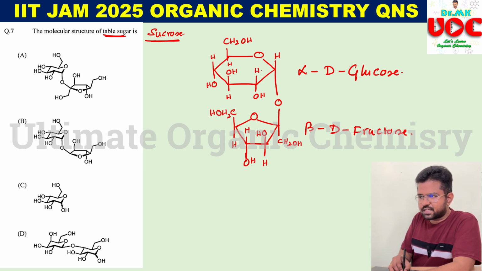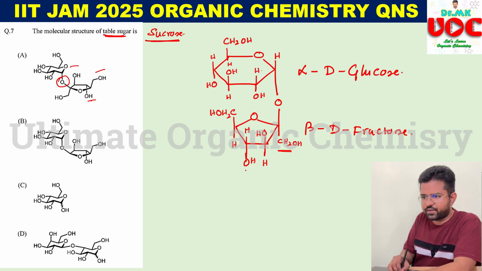In the first structure, you have the glycosidic linkage between this glucose and fructose. Below the plane you have CH2OH, and here also you have CH2OH below the plane. Next to it OH up, next OH down, and CH2OH up. Okay, fine, this part is fine.